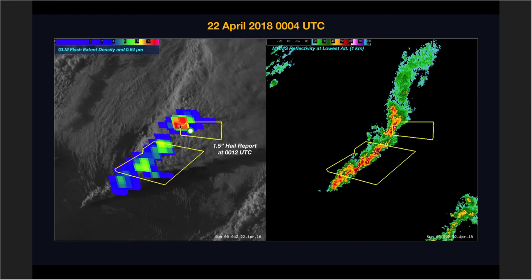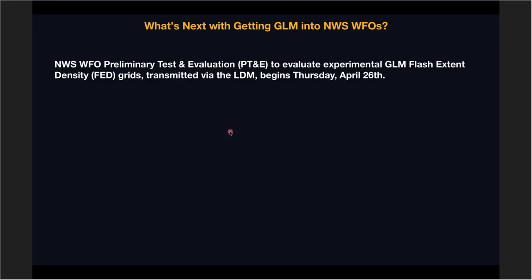You can just think about the situational awareness it can provide to the mesoanalysts who may be supporting the warning forecaster, or the warning forecaster on their own. And on this one, there was 8 minutes lead time for the first hail report, which was a 1.5 inch report within that polygon. So those are the 3 examples I have.